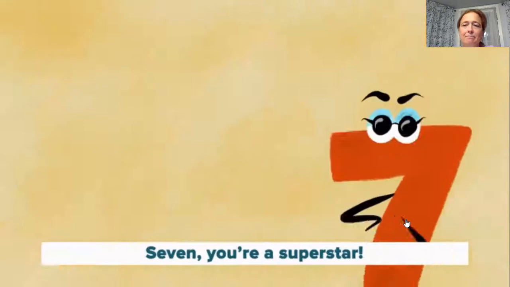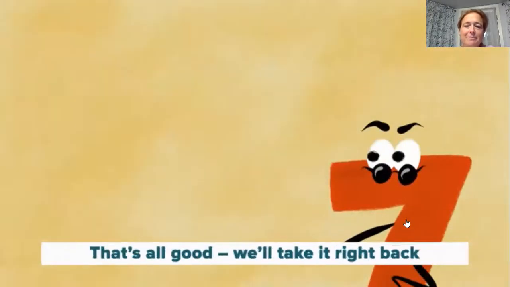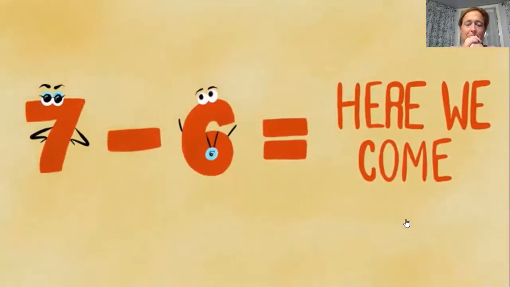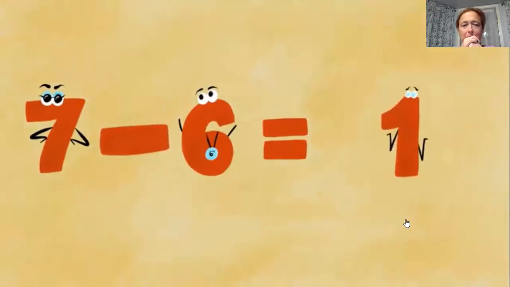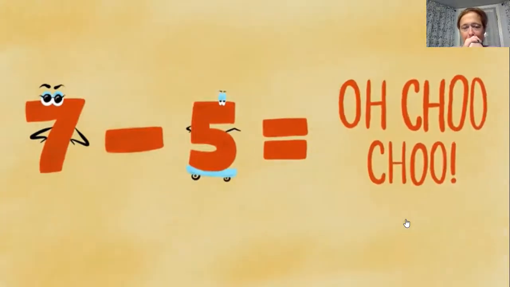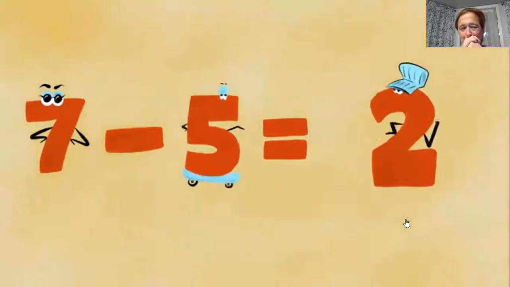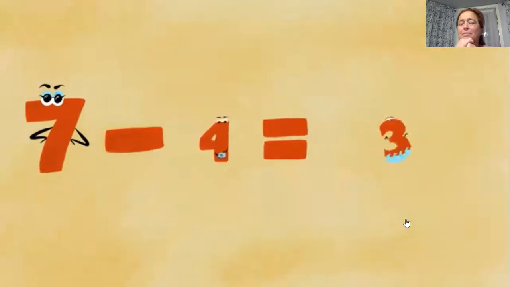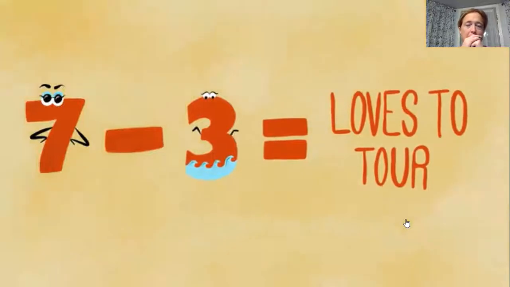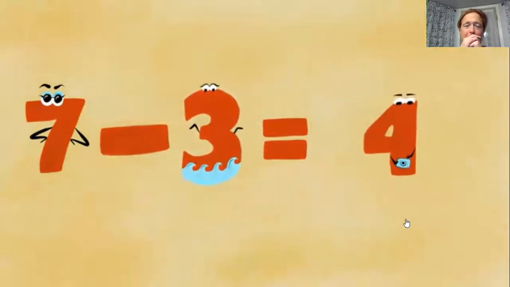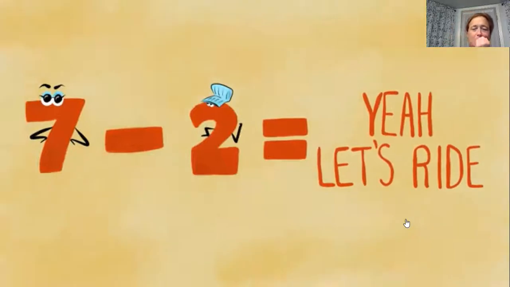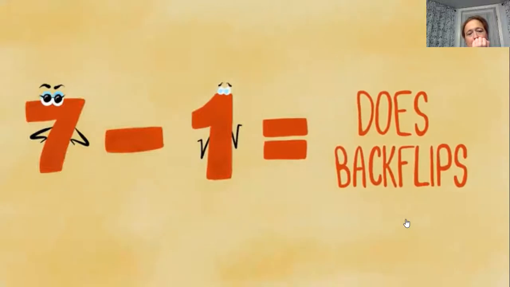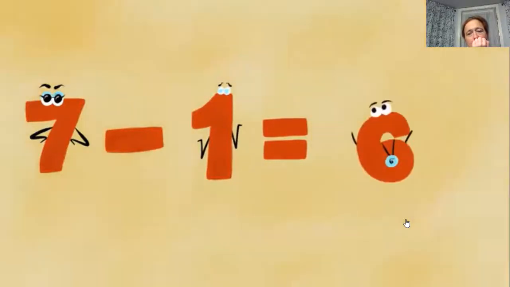And what if we want to subtract? That's all good, we'll take it right back. 7 minus 6, here we come. 7 minus 6 equals 1. 7 minus 5, oh choo choo. 7 minus 5 equals 2. 7 minus 4 is at sea. 7 minus 4 equals 3. 7 minus 3 loves to tour. 7 minus 3 equals 4. 7 minus 2, yeah, let's ride. 7 minus 2 equals 5. 7 minus 1 does backflips. 7 minus 1 equals 6.